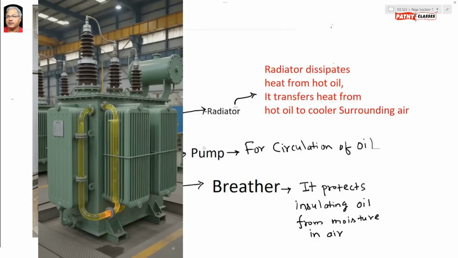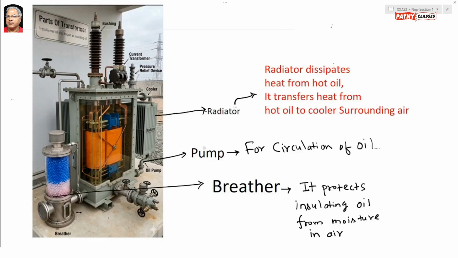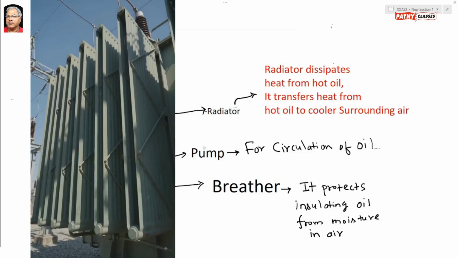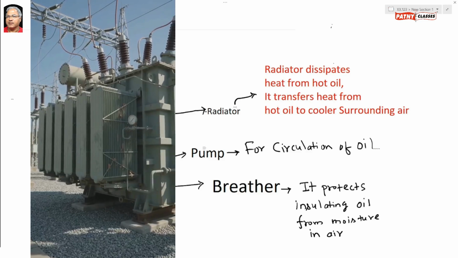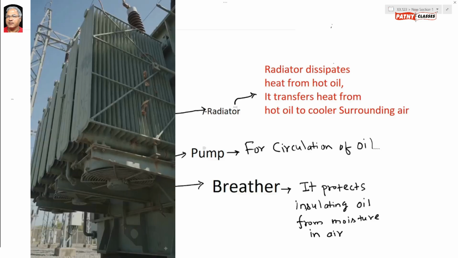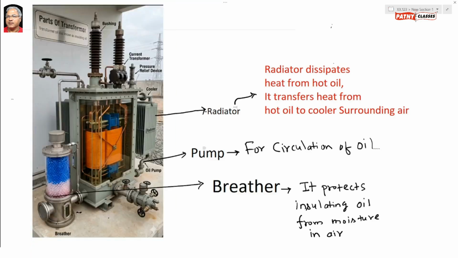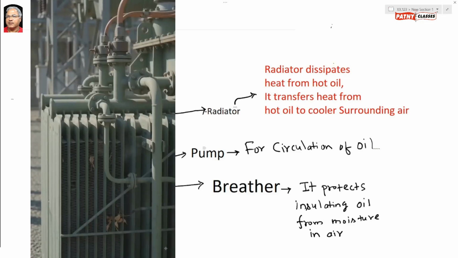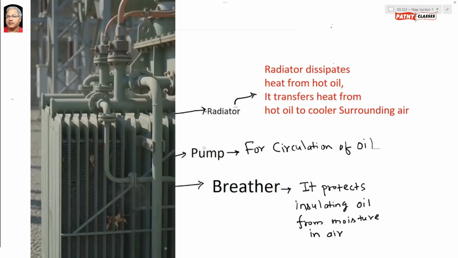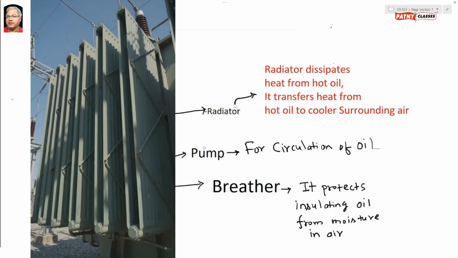One more important part of this transformer is the radiator. What is the main job of the radiator? To transfer heat from inside the transformer to outside. The main job of the radiator is to maintain the temperature of the transformer. It is transferring heat from hot oil, making it cool, and transferring heat to the cooler surroundings.